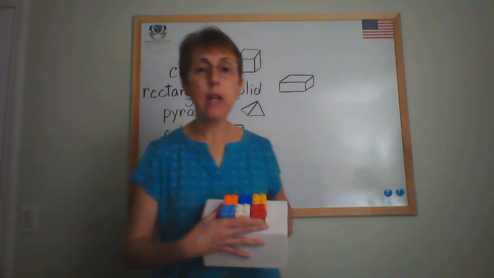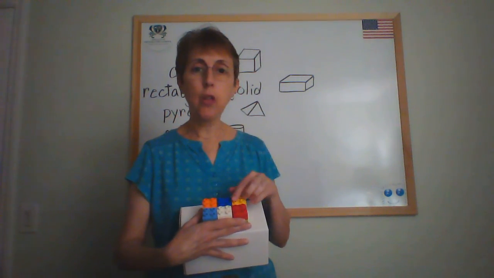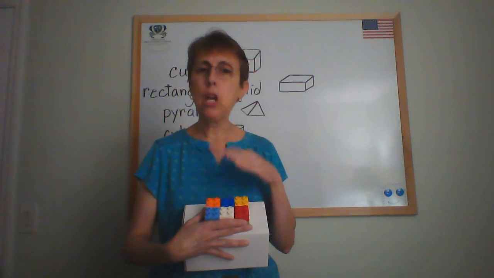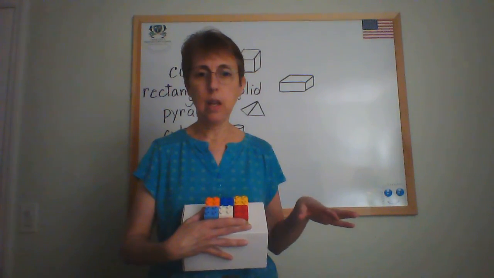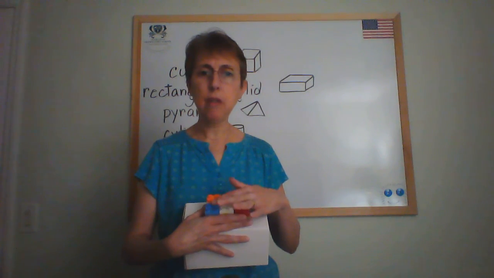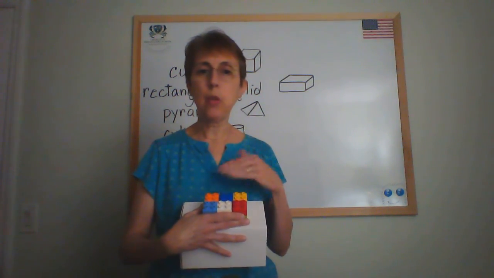And if you are able to see another row behind it, you have to use logical reasoning. You need to know that that back row is not floating. In order to have that back row level with the front, there has to be another layer underneath what you can see.